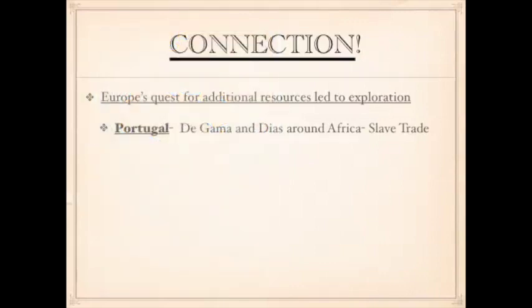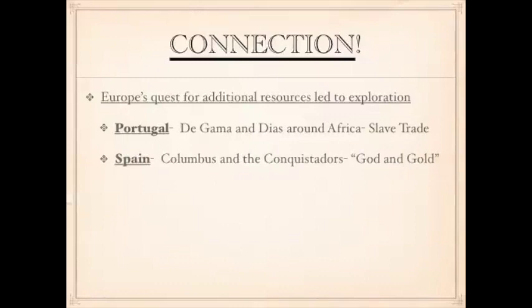So what does the Spanish empire do? Well, Columbus, who is actually an Italian, goes to the king and queen of Spain and says, I have an idea of how to do this in a way that's better than the Portuguese way. Let's go straight across and go around the world instead. The problem is, Columbus and other Europeans at the time thought the world was about half the size that it actually is.